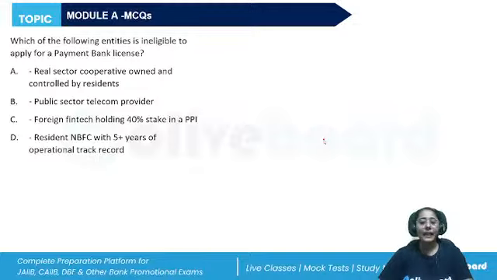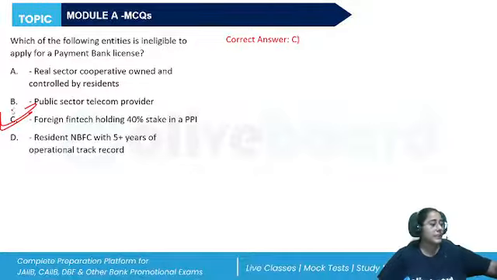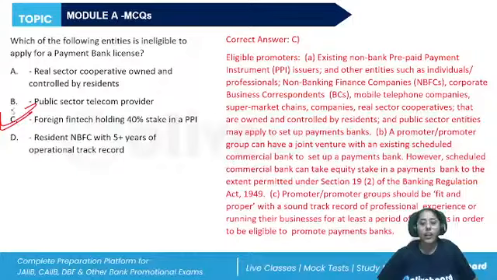Existing non-bank PPI issuers, NBFCs, corporate business correspondents, mobile telephone companies, public sector entities, all of these are allowed. But foreign fintech firms that are holding 40% stake in the prepaid payment instrument are ineligible to apply for a payment bank license. All right. So all the eligible promoters who can set up a payment bank are given.